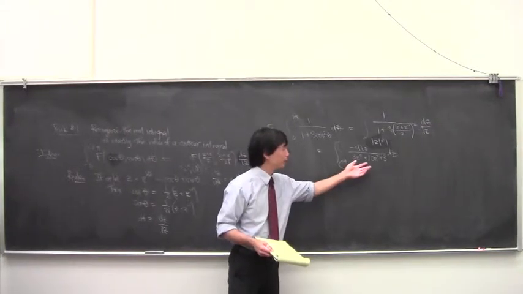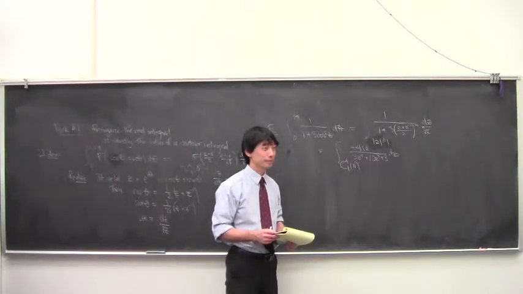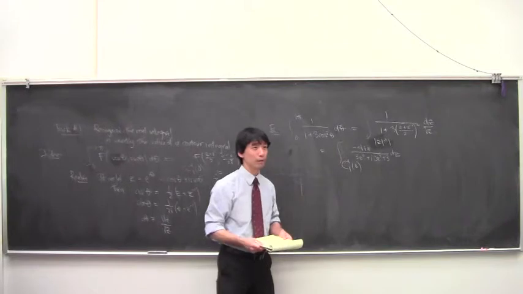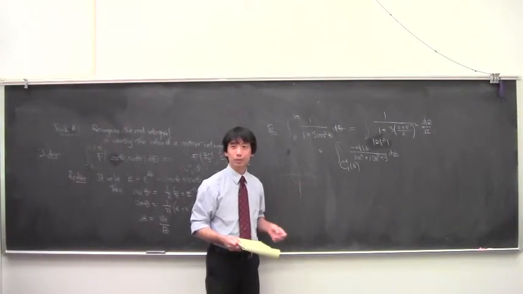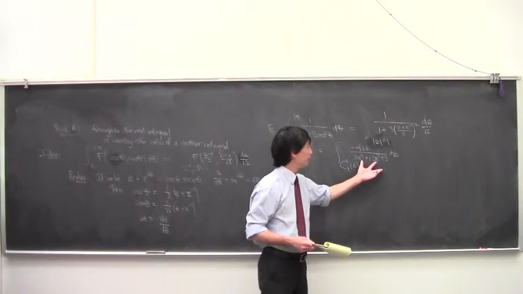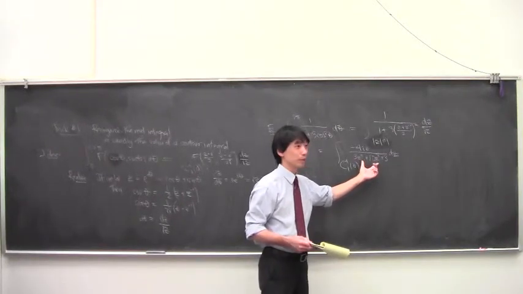Okay. And then what do you do with this? We've got the unit circle, we're integrating on the unit circle. So our concern is, where are the poles? How would you solve this? This is actually just a quadratic in z squared.